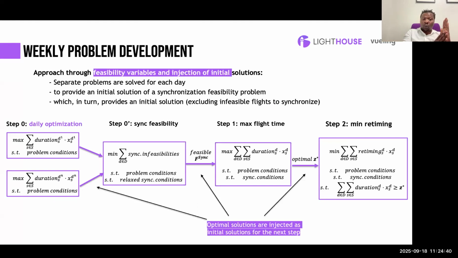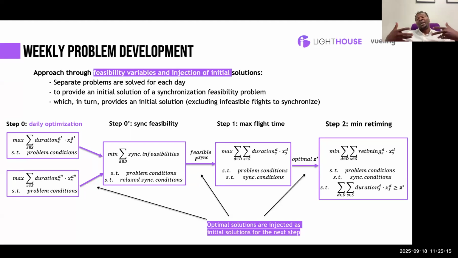So step 0, we make the daily optimization. Step 0 prime, we make the feasibility check. After the daily optimization is achieved, we see if the synchronization is feasible or not. If it's feasible, we move to what we already saw, that is maximizing the flight time, which we call the block time, and also minimizing the retiming time.